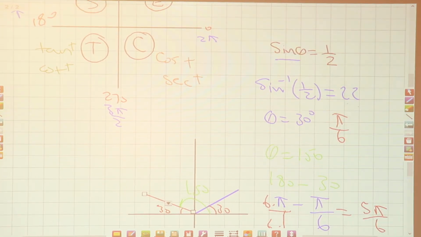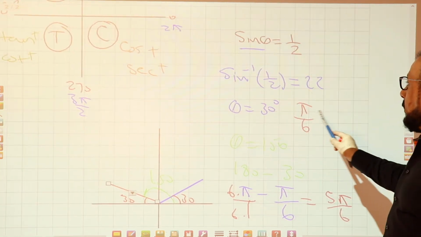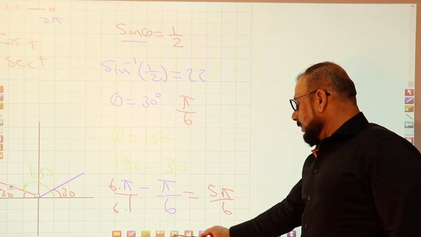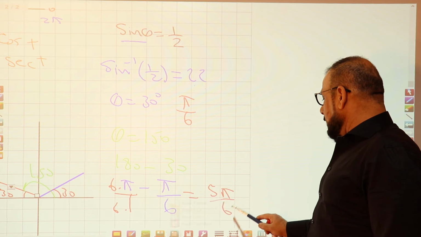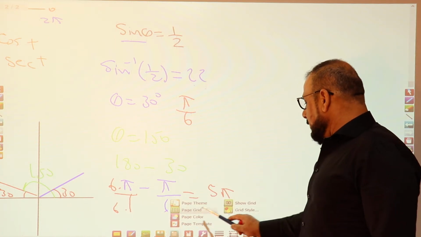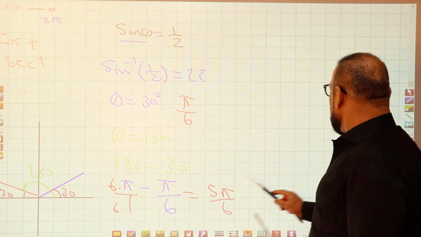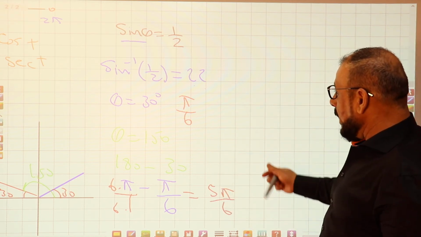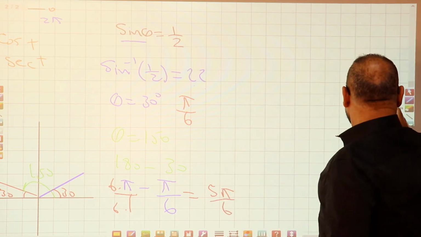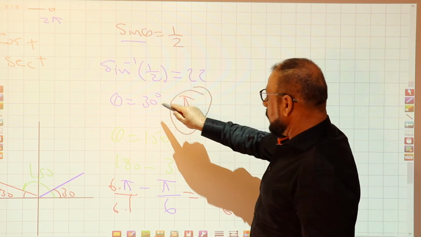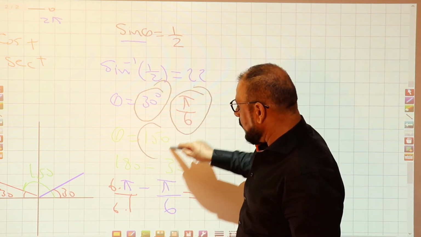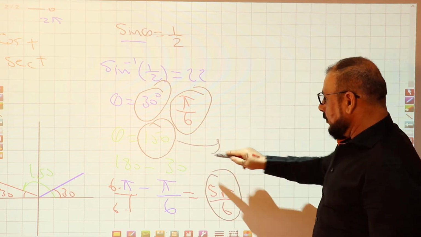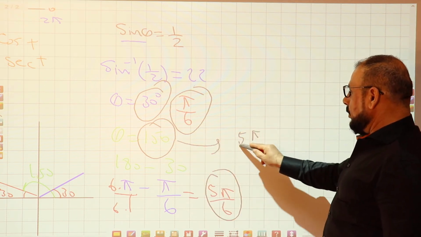Sine theta equals 1/2 has two answers, right, guys? Either pi over 6, which is the same as 30 degrees, or 150, or 5 pi over 6.